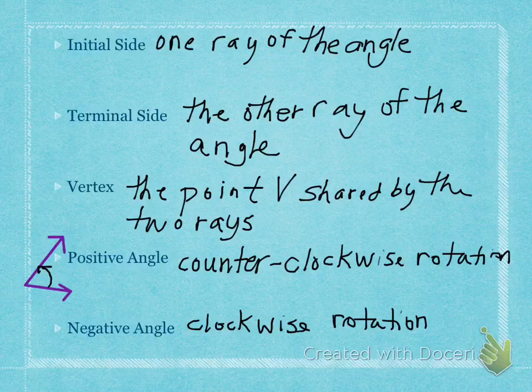And then a negative angle would do exactly the opposite. So I'm going to use the same picture, and it would go like this. So instead of it opening counterclockwise, it opens clockwise. So in this picture with the yellow arrow, the initial side would actually be the top of the angle, and then your terminal side would be the lower part of that angle. All right?